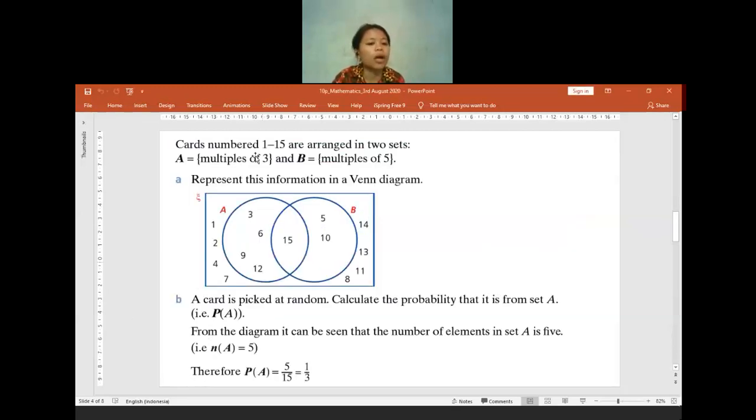Now we have the numbers from 1 until 15. And for the set A, it has to be multiples of 3. So before you make the Venn diagram, you can make all this first.